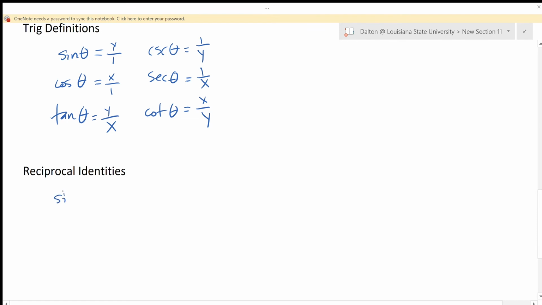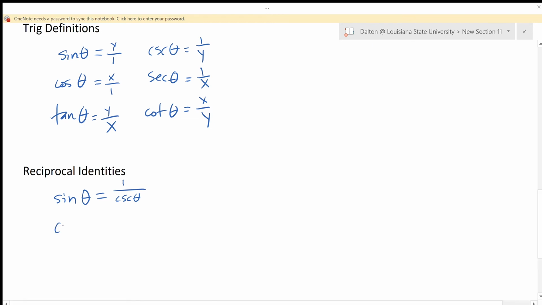Sebastian, is that you? Say again. Yes. Oh, I don't know if you said cosine or cosecant. Sine of theta is equal to 1 over the cosecant of theta. And that makes sense because we know they're reciprocals of each other. So instead of reciprocating the 1 over y, we can literally reciprocate the cosecant itself.